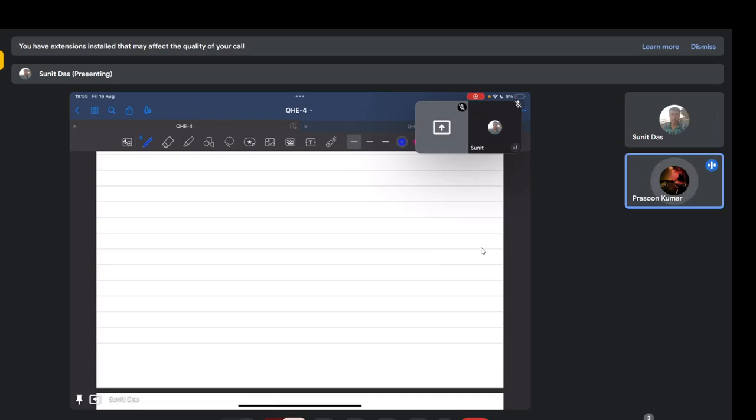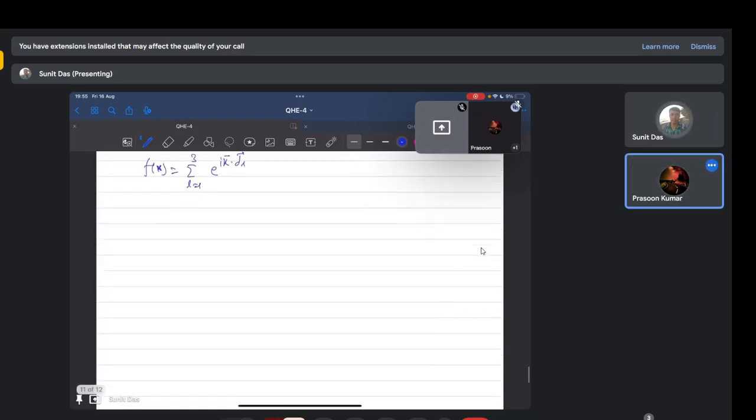Delta l is not the lattice parameter. It is the nearest neighbor hopping length or hopping parameter, as much as you can say. So let me draw it, then it will be better.